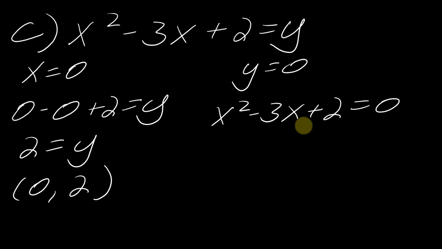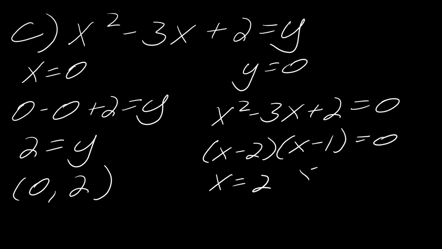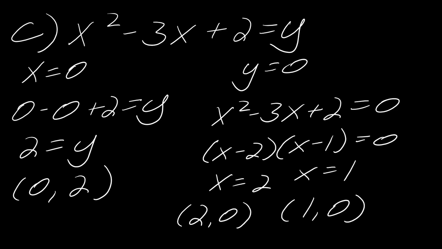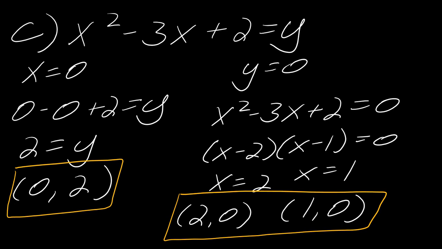And in this case, I know this is quadratic, therefore I probably want to factor it. So just mentioning here that anything can go with this. So I have x equals 2 and x equals 1. So this means I have two x-intercepts, (2, 0) and (1, 0). And so now I have these three intercepts.